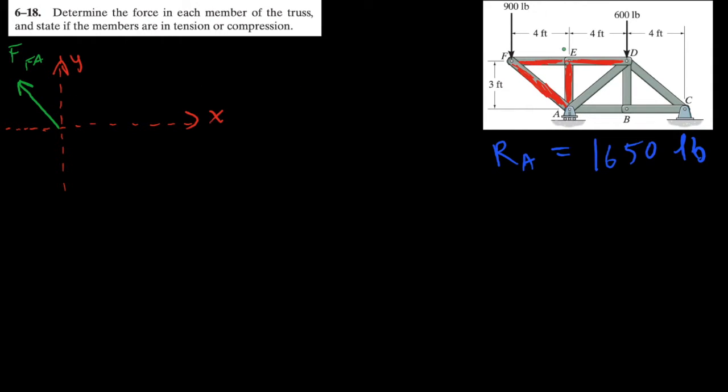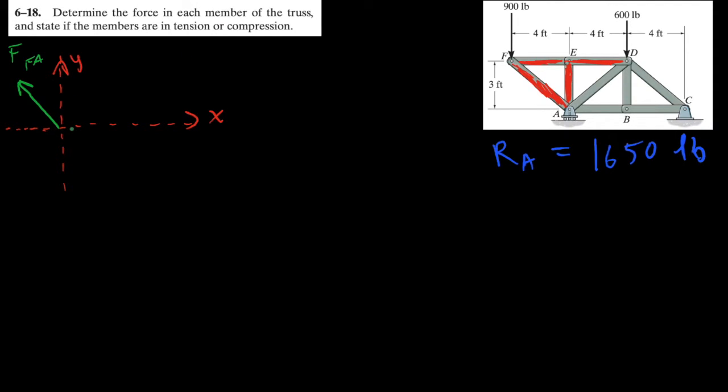If the value of the force in member EA was non-zero, then we would also consider a vector like this. However, we calculated that the force in the member AE is equal to 0 pounds, so that's why we do not need to consider that force.